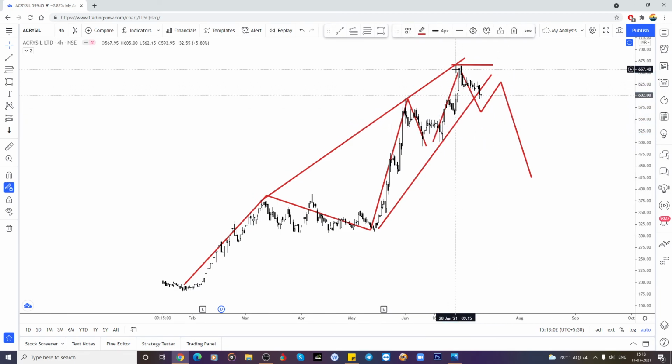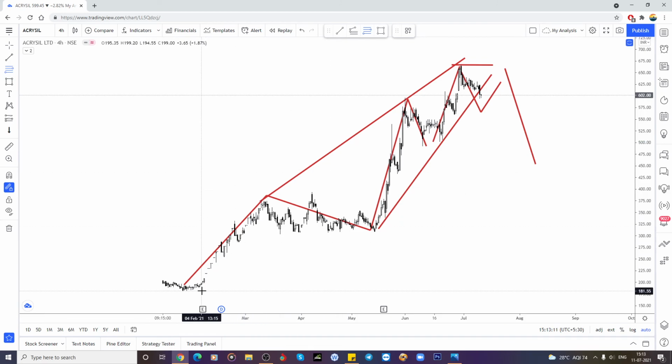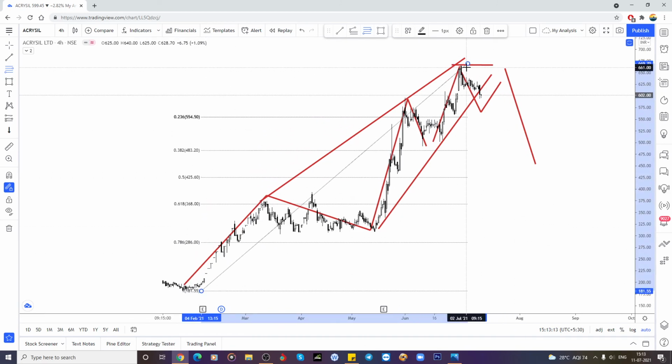Yes, so it makes sense, I think. 1 2 3 4 5. So for a bigger correction, we can wait for the 38.2 or 50 retracement, but the three-wave structure needs to complete.